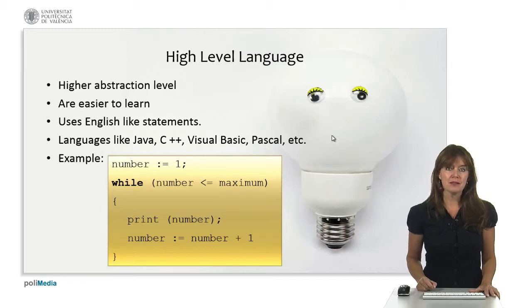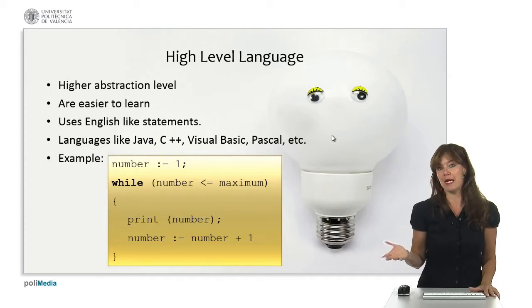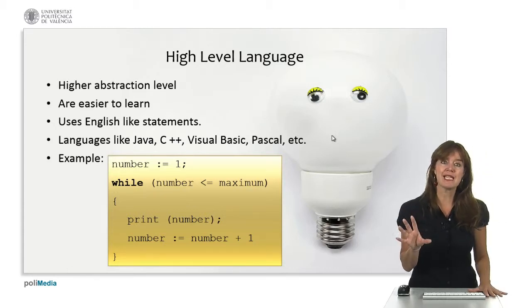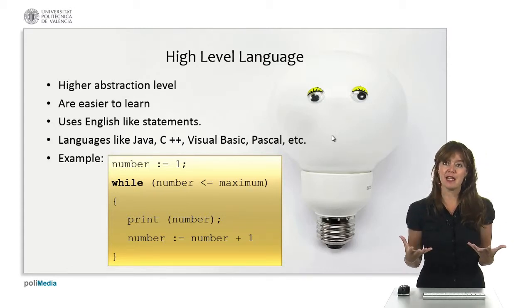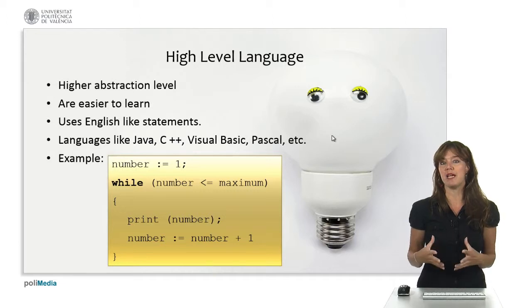Then while this number is less than or equal to some maximum, we want to print this number on the screen, add 1 to the number, and go on until the number is greater than the maximum. As you can see, it uses English-like statements to represent a computer program.